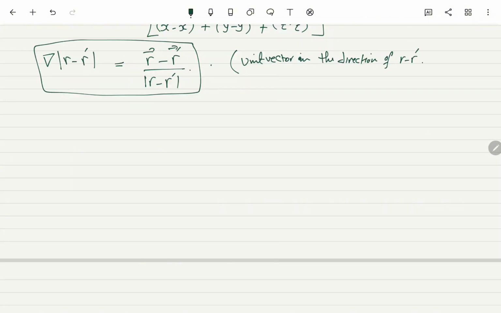Now let's find the other quantity B, which is gradient of 1 over the magnitude of r minus r prime.